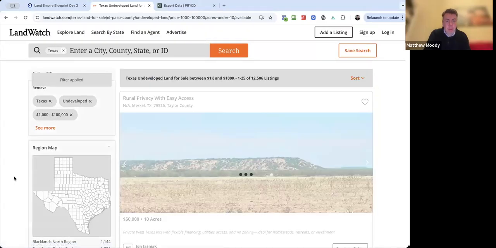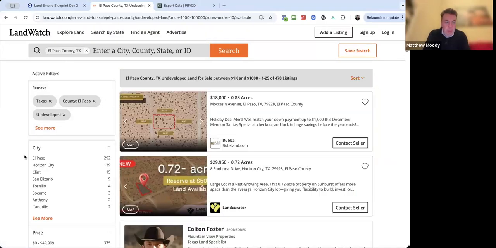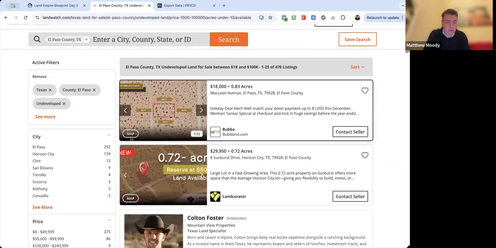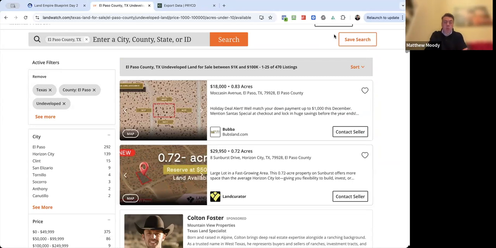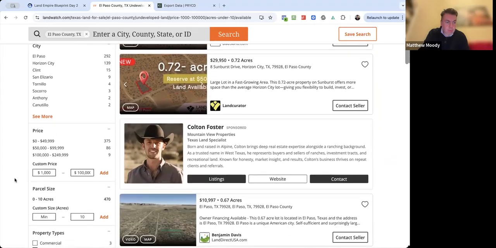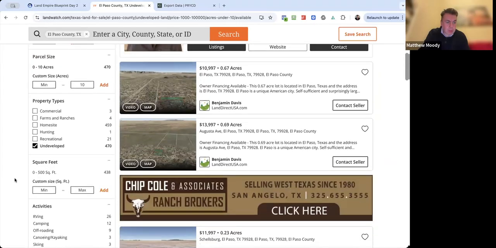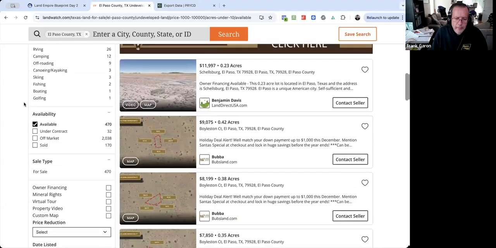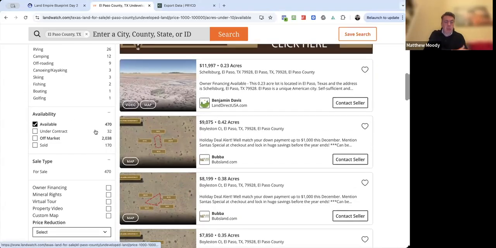It's the top one. So going to El Paso, this is going to show us we've got 470 listings that are available. Now, again, it's up to you how much work you want to do on this. But what we would typically be doing at this stage is just getting the sold figures and what is available. So right now we have 470, and then you've got 170 sold and 32 under contract.